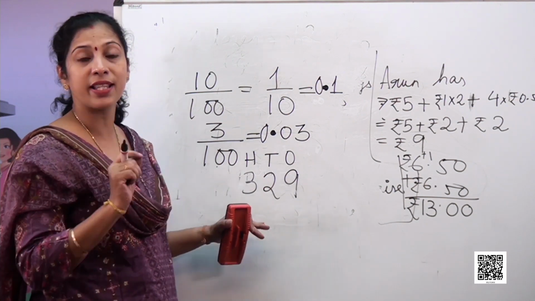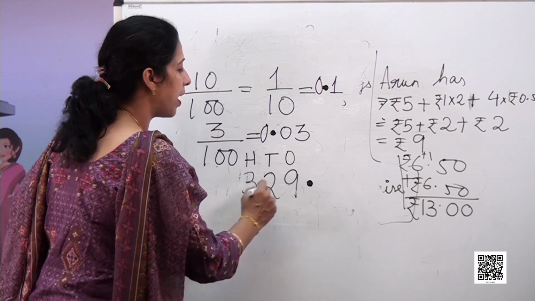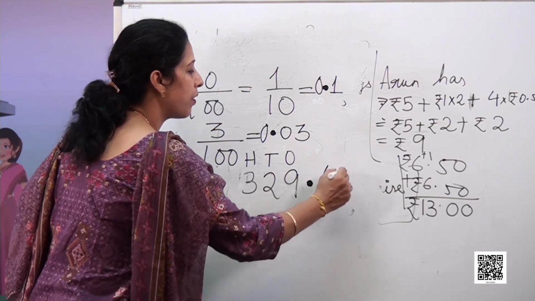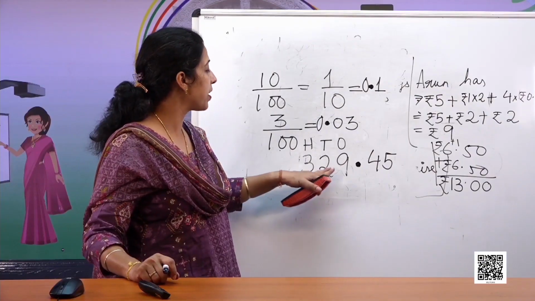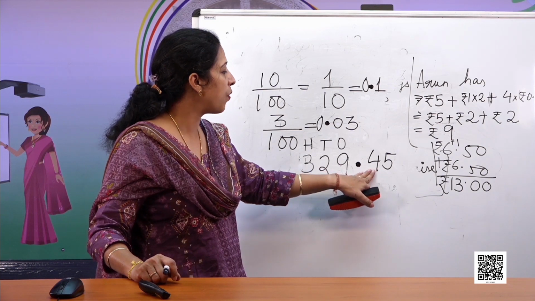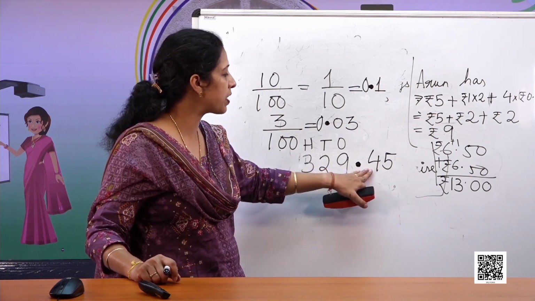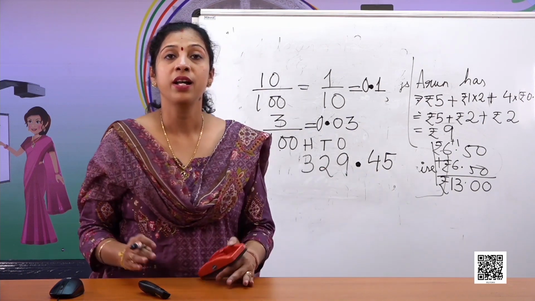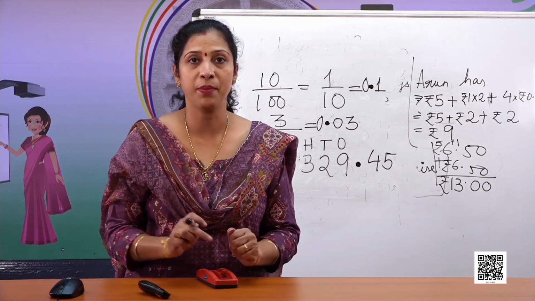That time this 10th and 100th comes into the picture. So if I have a number like this, 329.45, that means I am talking about a number where 329 is the whole number, 4 is the 4 out of 10th part and 5 is the 5 out of 100th part. So this 0.45 is the decimal part or fractional part of that number.